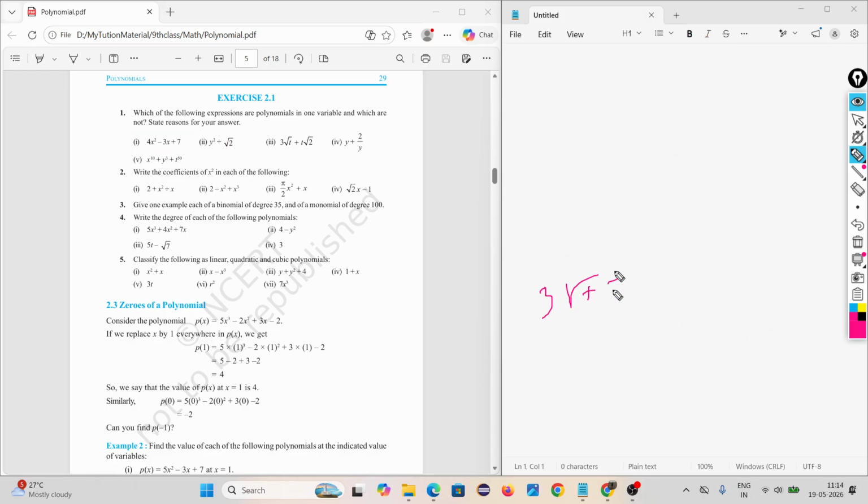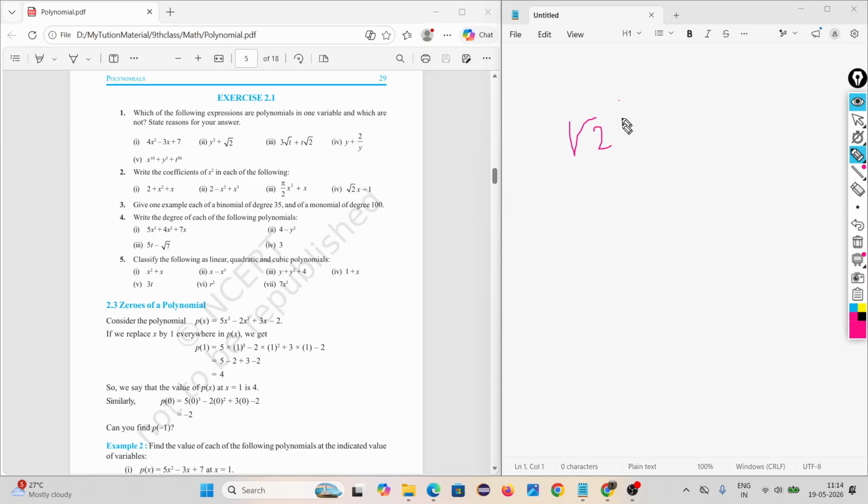Next, root t plus t root 2. This is a non-polynomial, because the problem is here: root t I can write as t power 1 upon 2. Always focus on the variable.